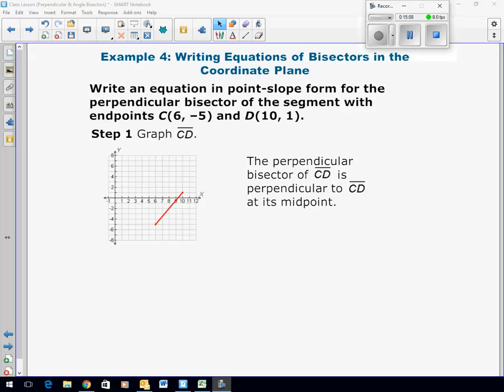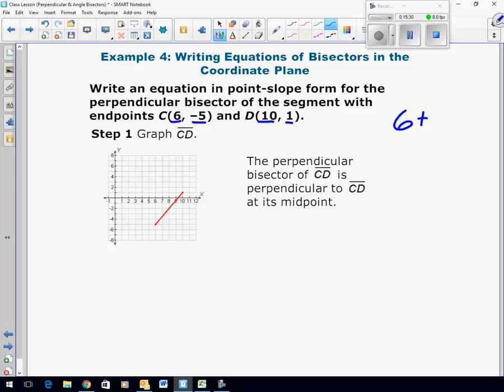That's the slope, so you're close. What's the midpoint, guys? X1, X2, Y1, Y2. You really just take the average of your X and Y coordinates.